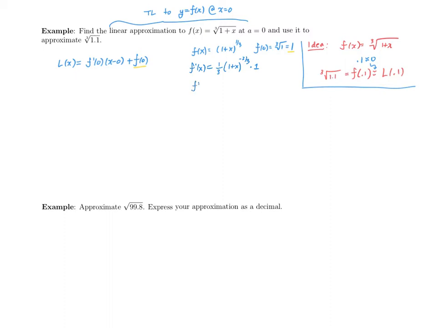And then f prime of 0 is going to be 1/3 times 1 to the minus 2/3. And remember, 1 raised to any power is still just 1, so this is going to be the number 1/3. And this completes the first part of the problem for us. The linear approximation at a equals 0 is given by 1/3 x plus 1.